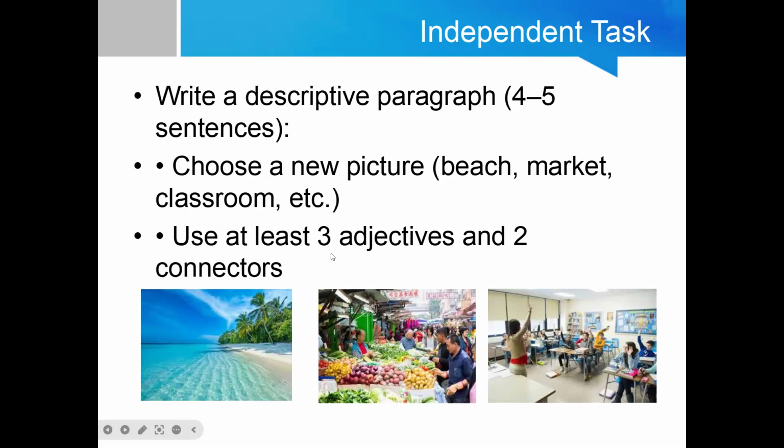And for this activity, they will write at least 3 adjectives and 2 connectors, right? Remember before, they worked with some connectors like "and" and "because," right?